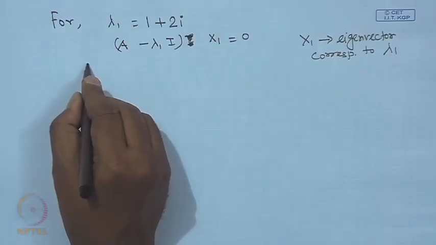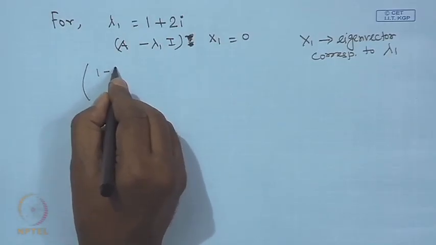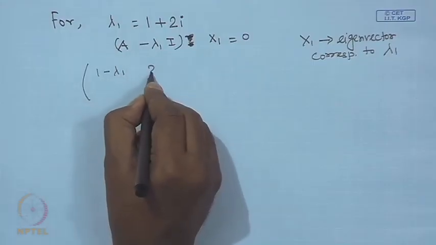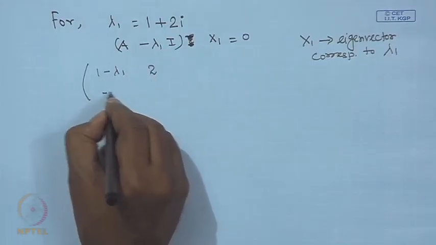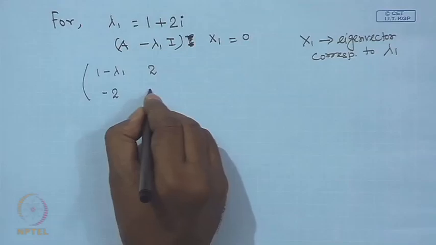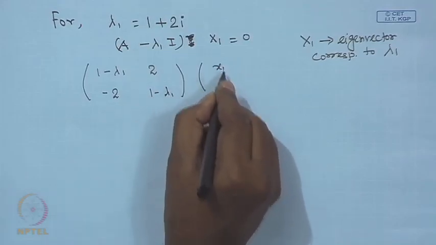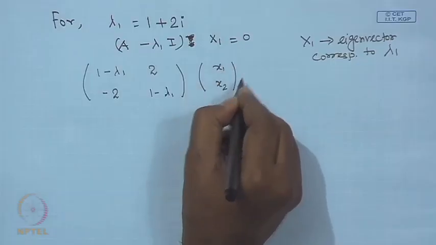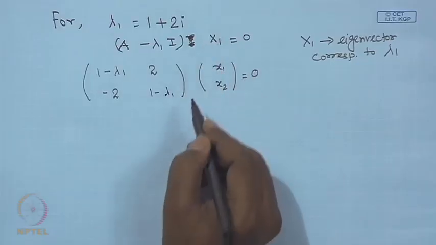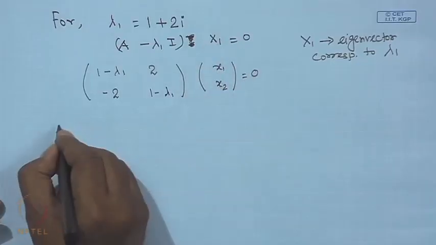So, therefore, we will be getting this as 1 minus lambda 1, 2, minus 2, 1 minus lambda 1, times x 1, x 2, these are the elements of the eigenvector x 1.